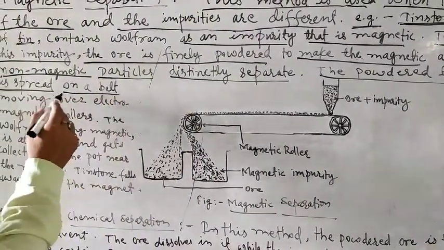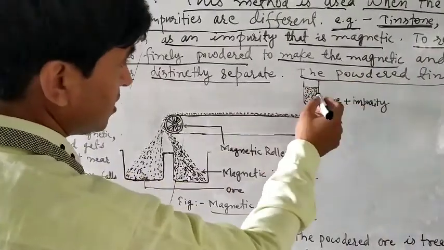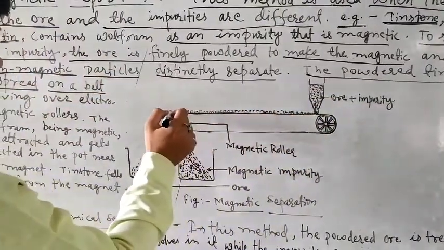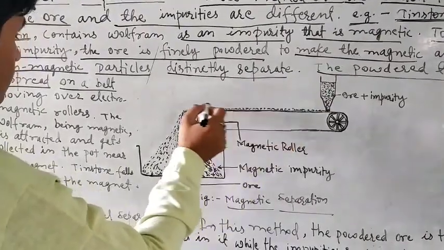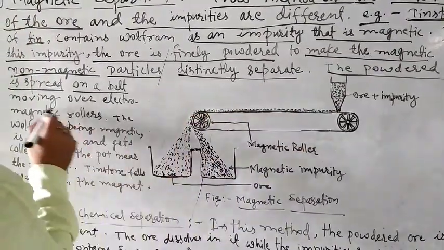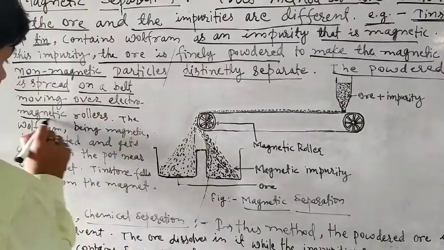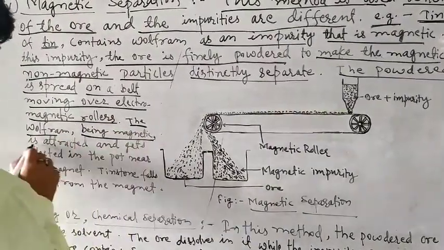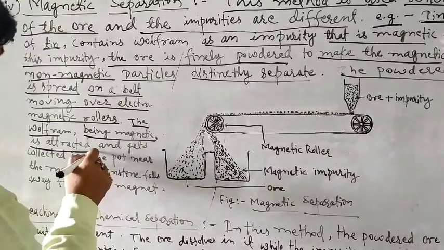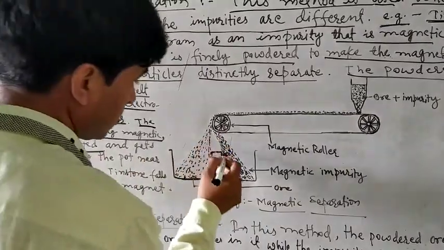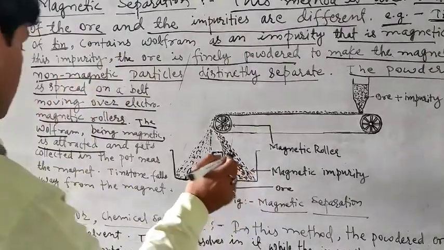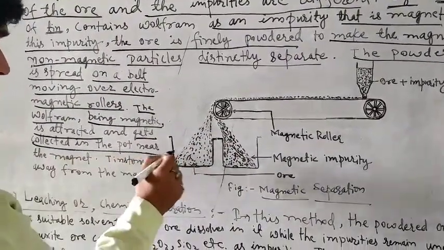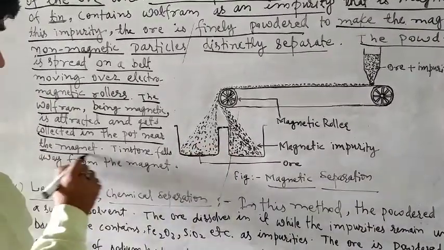The finely powdered tin stone is spread on a belt over a moving electromagnetic roller. The wolfram, being magnetic, is attracted towards the magnet and gets collected in the pot near it.